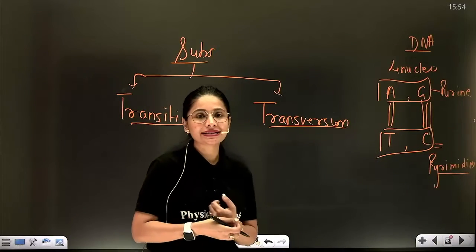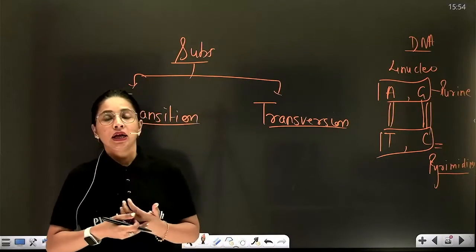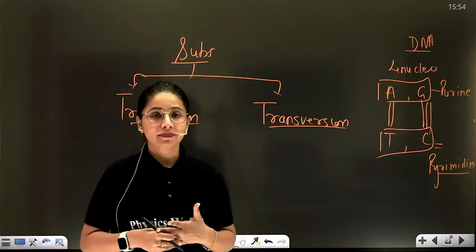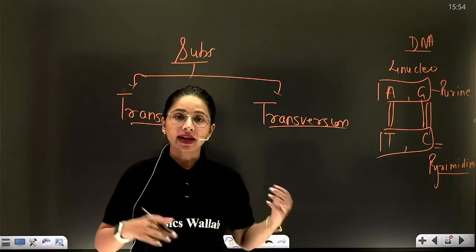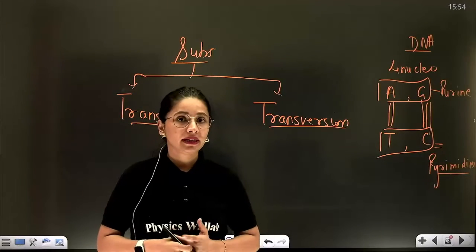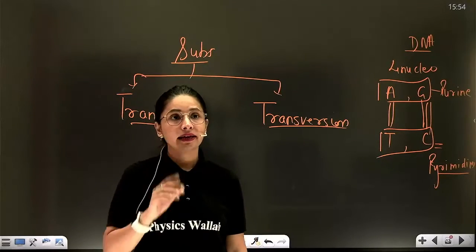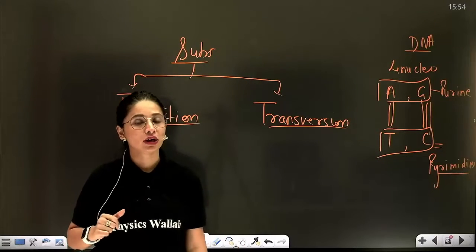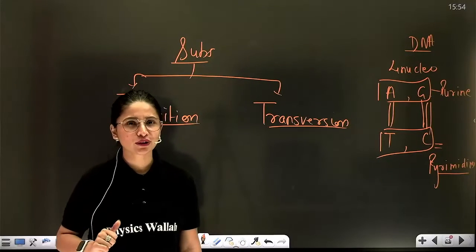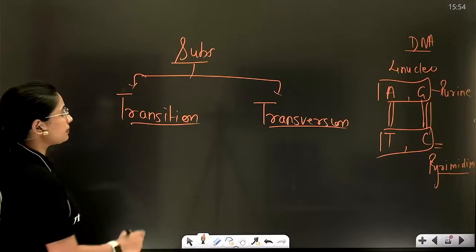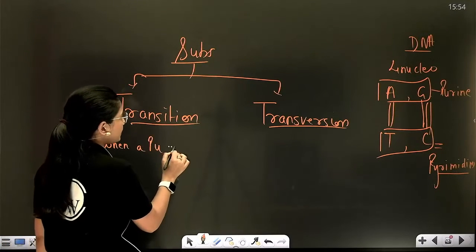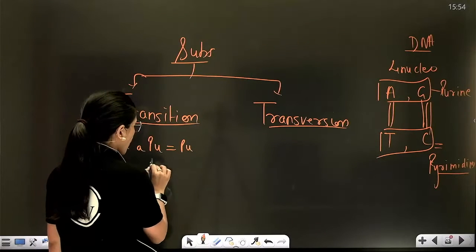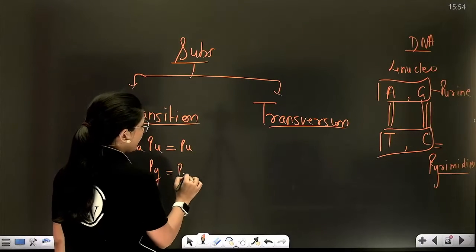Purines and pyrimidines are heterocyclic organic compounds. This you study in detail in class 11th chapter biomolecules, if I am not wrong.